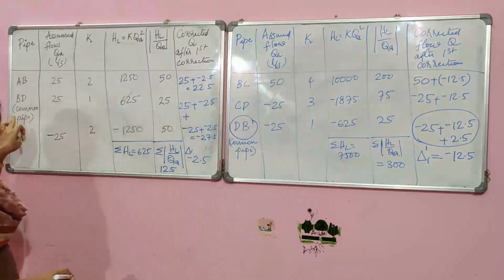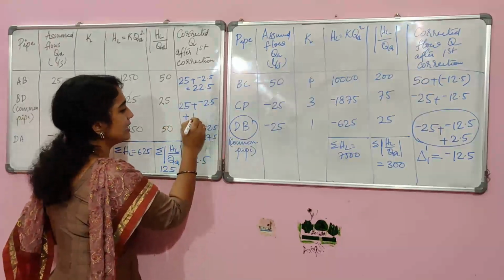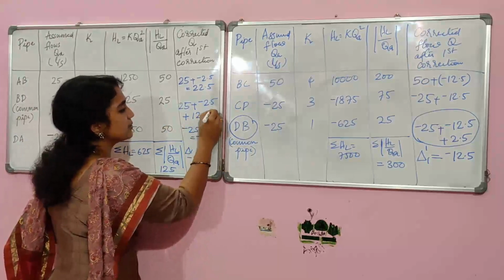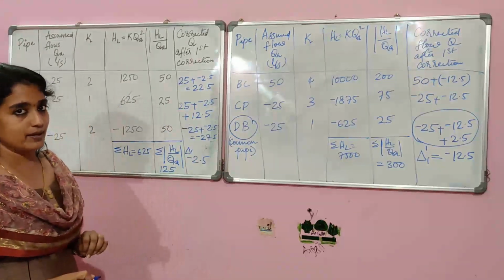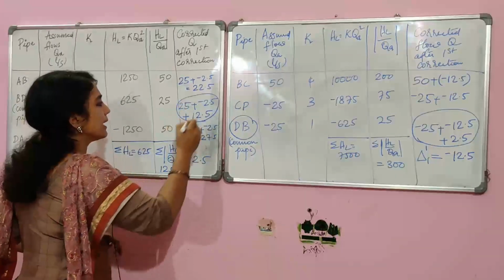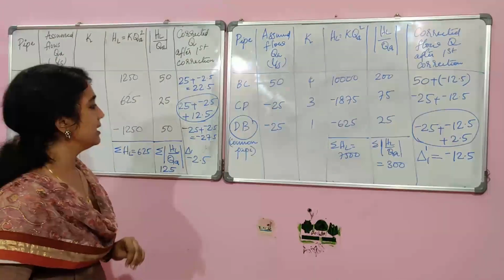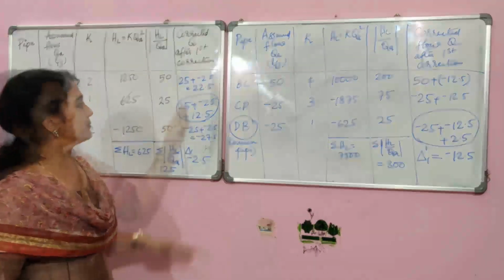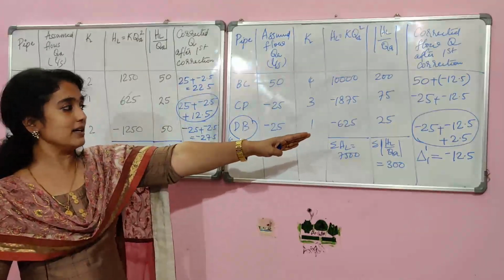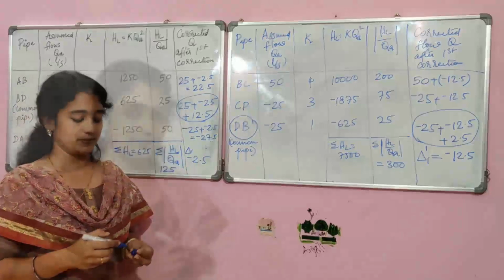Here the pipe is BD, so you have to change the sign, that is plus 12.5. This is the corrected flow for the common pipe. These two values should be equal and opposite. You can see both the values are equal and opposite.